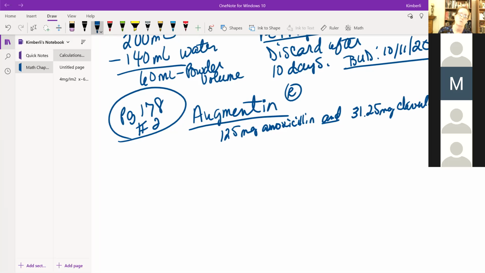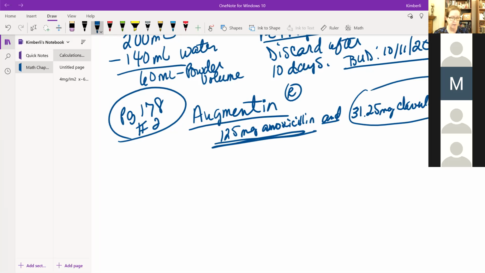Okay, so I always thought that we would go by the Augmentin or the amoxicillin because that is the drug. What this is, is a chemical that causes the bacteria to be more susceptible to the amoxicillin.